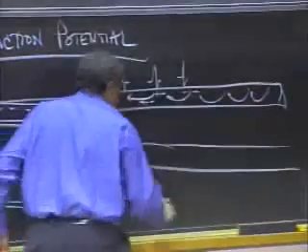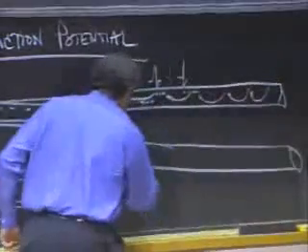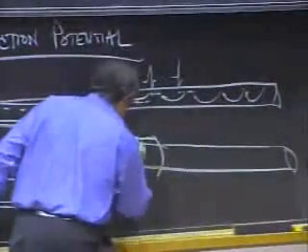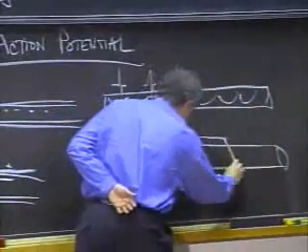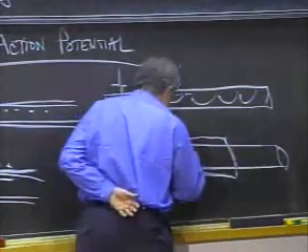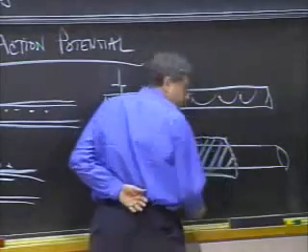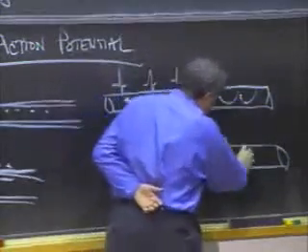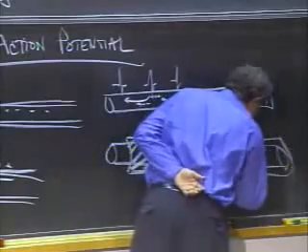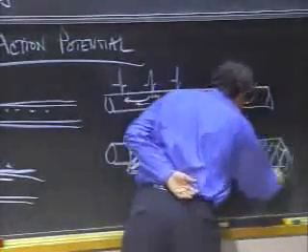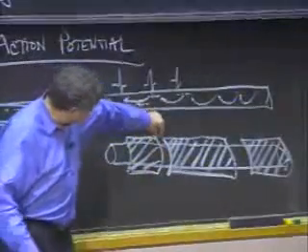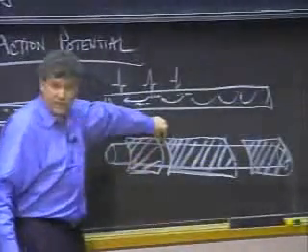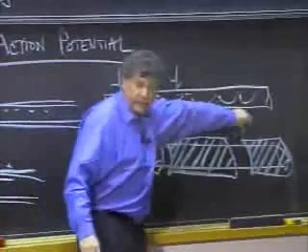The trick is, suppose I were to wrap some insulator around the axon that would make this such that it was not in electrical contact outside, that it was only in electrical contact with the outside solution here, here, here.